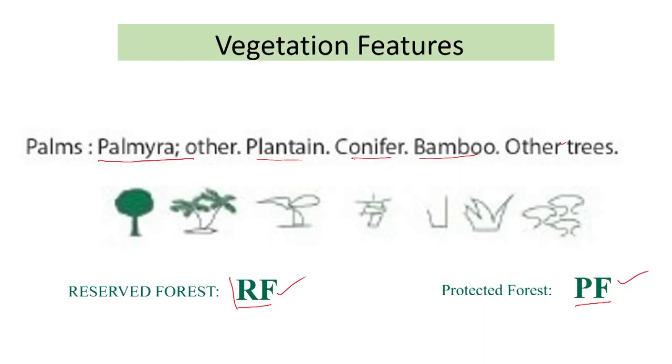Okay. So, these plantations will be depicted using the following pictures. Palmyra will be represented like this, plantain, conifer and bamboo, these two, and other trees will be depicted like this. These are some major conventional signs and symbols to depict the vegetation features.